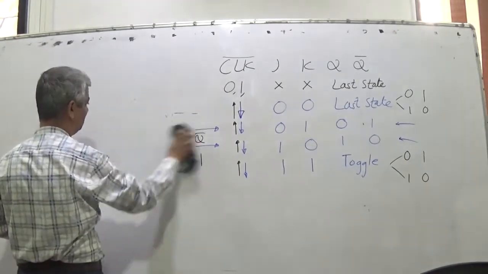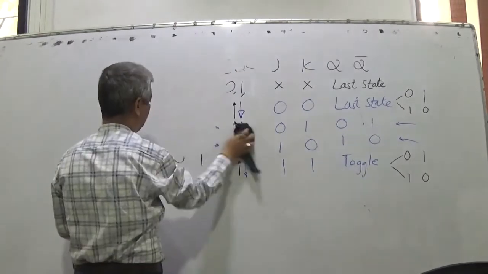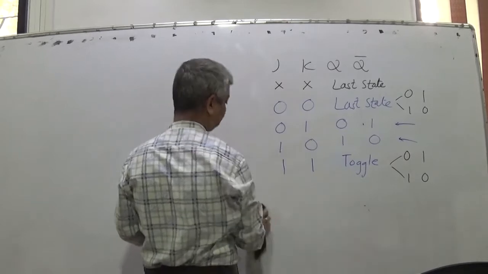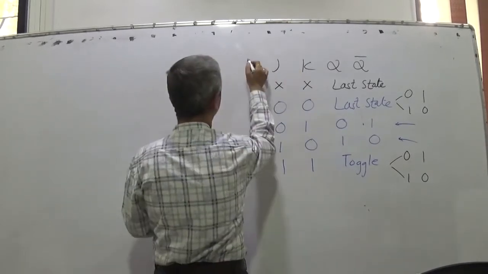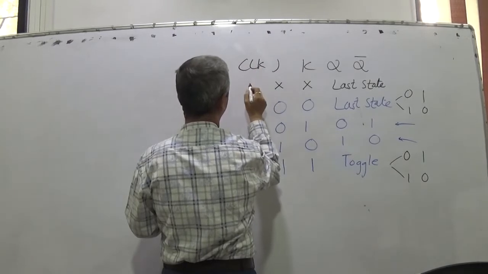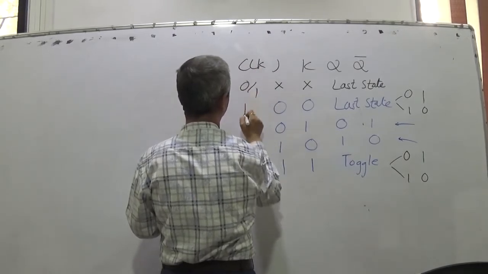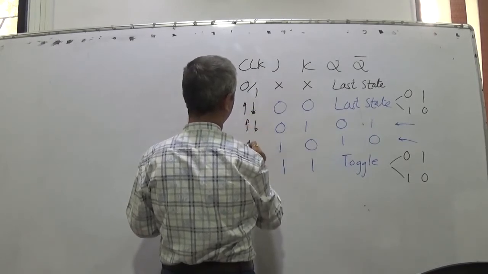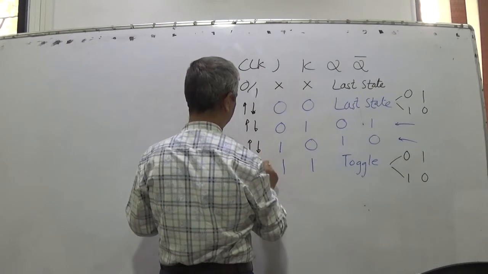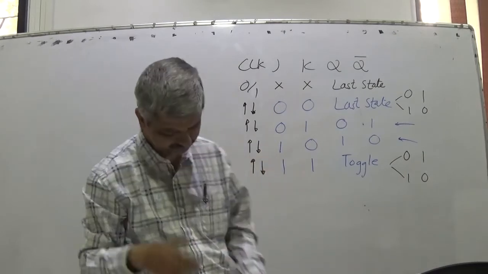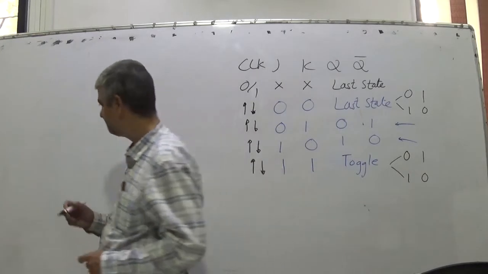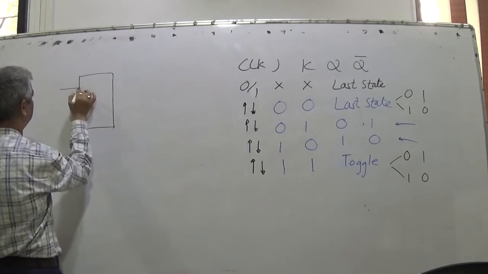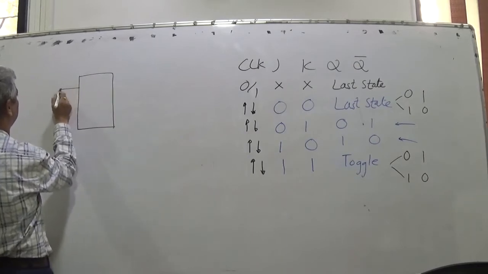Maybe a few may say that you are too slow, but this is something which one must know. So this circuit I am having. So for this circuit, I have got a switch.